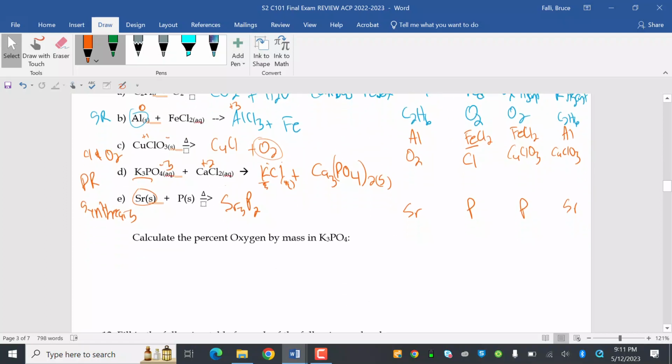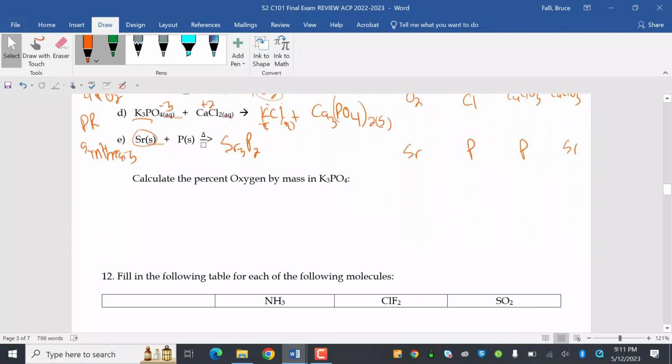All right. Calculate the percent oxygen by mass in K3PO4. So I'm going to do oxygen over K3PO4. So I'm going to do actually 4 oxygens. So 4 times oxygen, 4 times 16 is 64, divided by K3PO4. Potassium is 39.10.